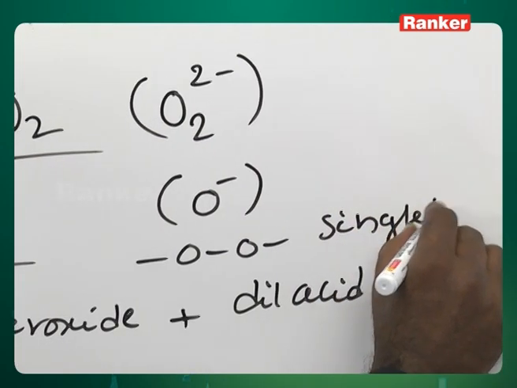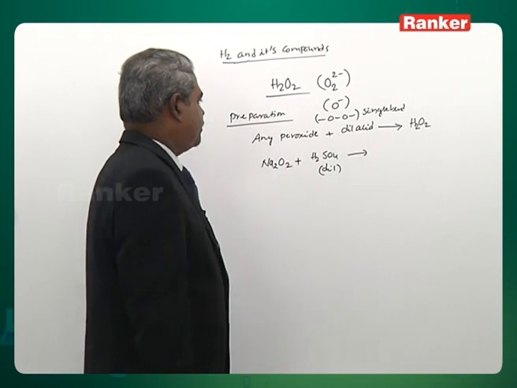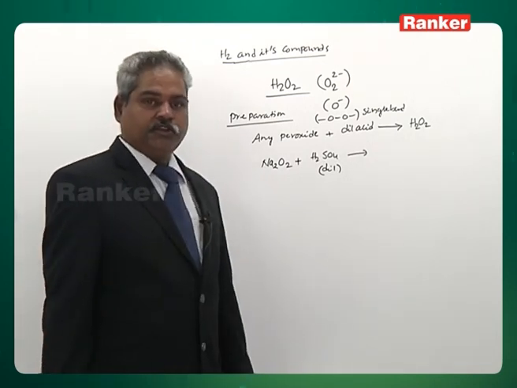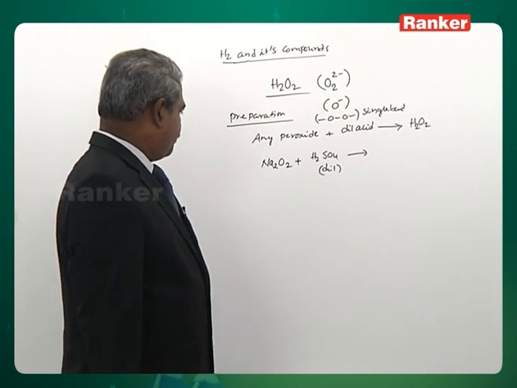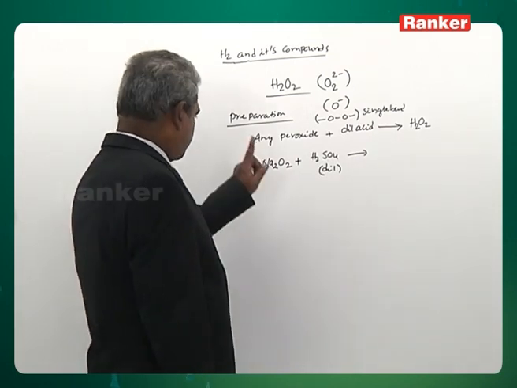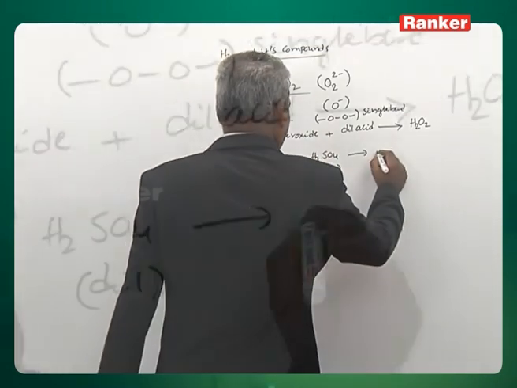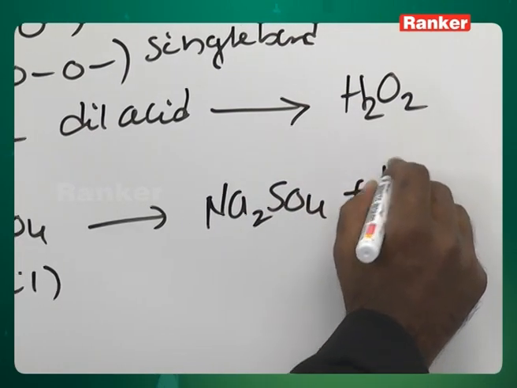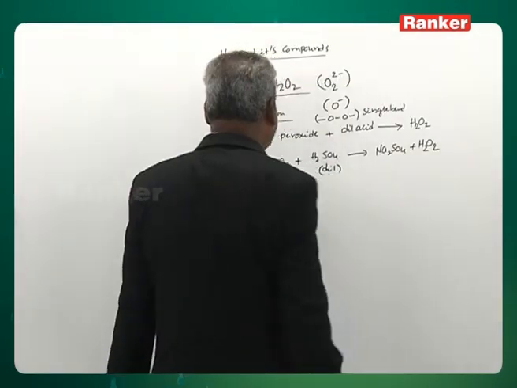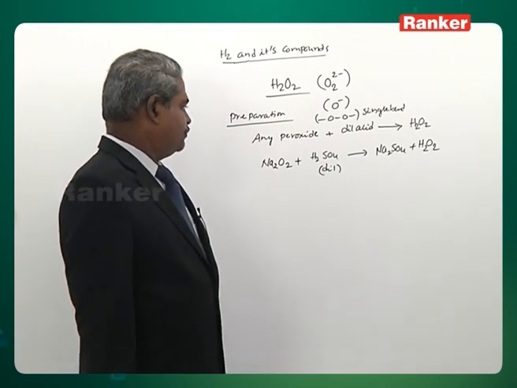There is a lot of chemistry in this oxygen single bond, you will be surprised. Too much chemistry is there in compounds containing that peroxy bond. Now, Na2O2, so therefore this is a peroxide, sodium peroxide plus H2SO4, you will get Na2SO4 plus H2O2. This is called the Merck's process, names not necessary.